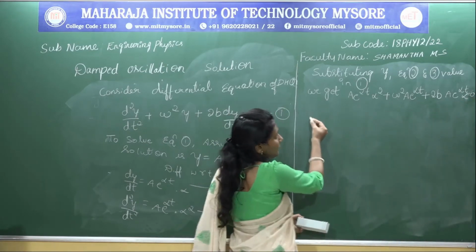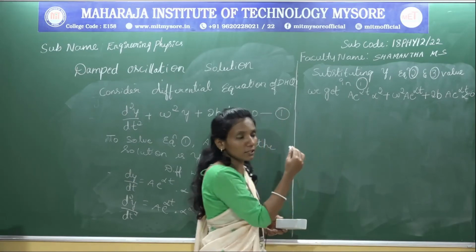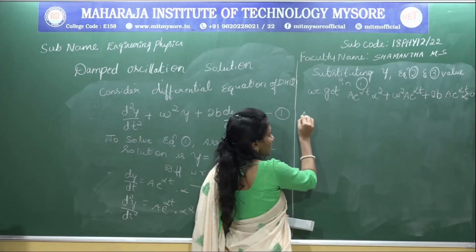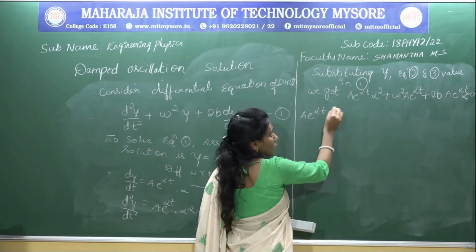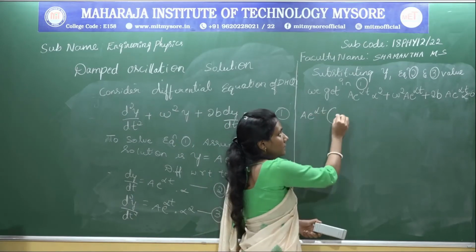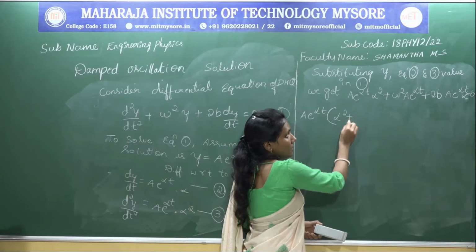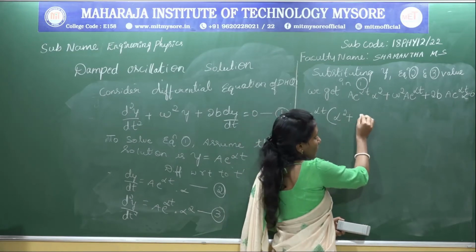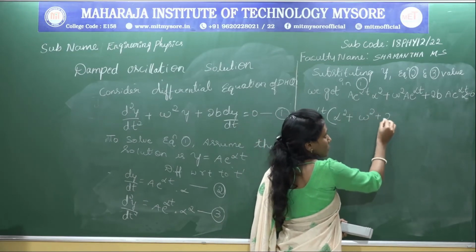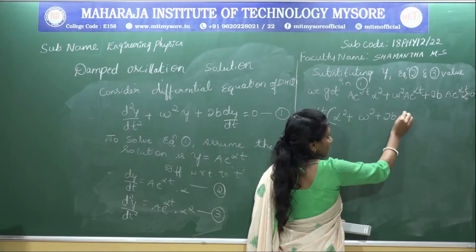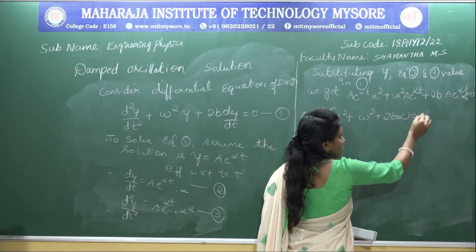Now take the common term outside: a into e to the power of alpha t is common here. So, the remaining is alpha square plus 2b alpha plus omega square is equal to 0.